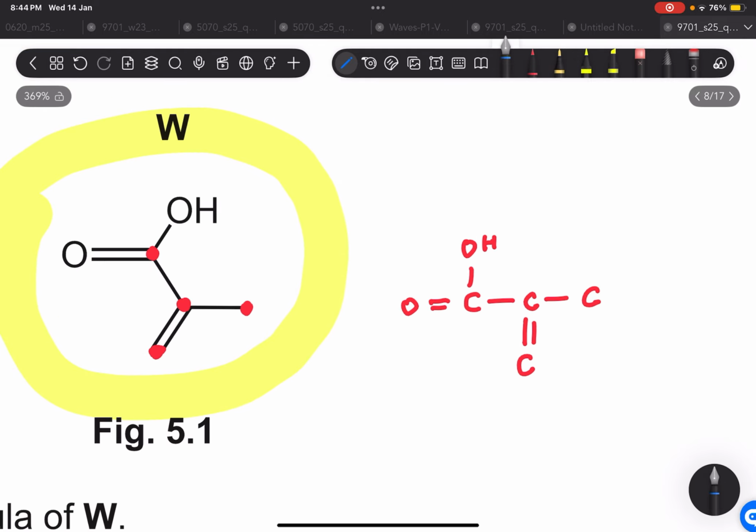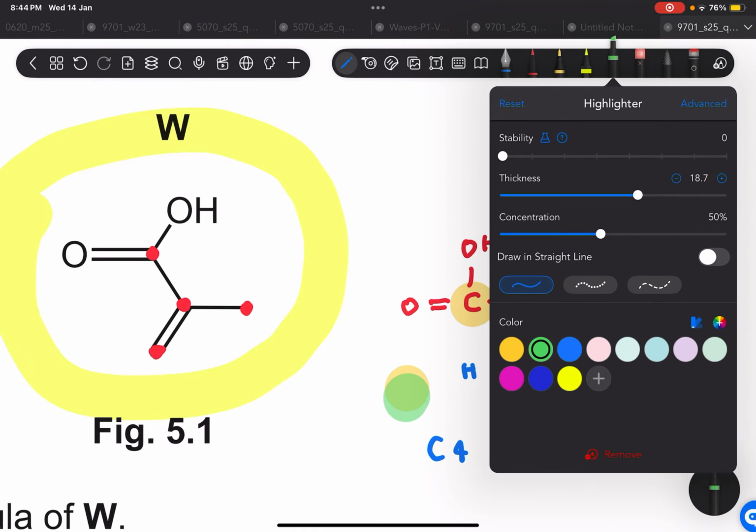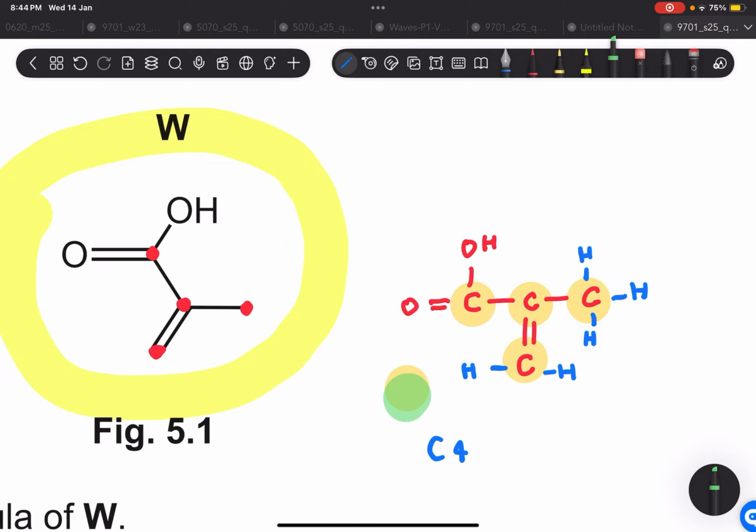Now I have to put in all the hydrogens to fill in all the valencies. 2 hydrogens here, and all the carbons balanced. 1 2 3 4, 1 2 3 4, 1 2 3 4, 1 2 3 4. So for me it's C4. I have 4 carbons. 1 2 3 4. Then it's O2, right?